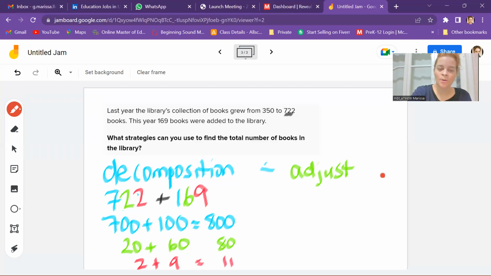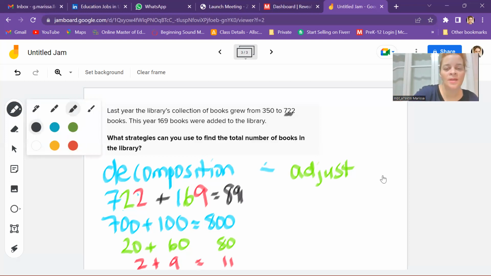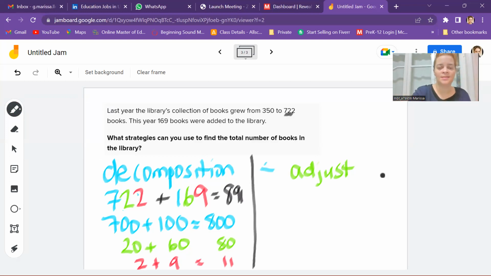So what's 800 plus 80 plus 11? It equals 880 plus 111, which would be 891. That's one way you can do it, right? That's the answer right there.